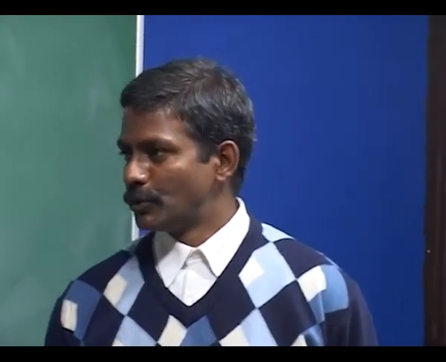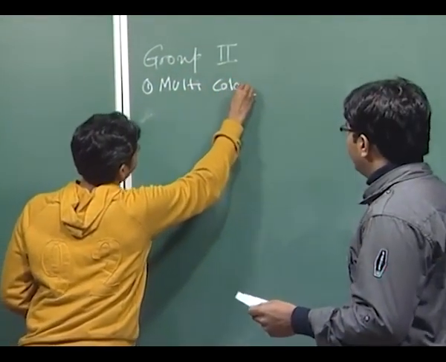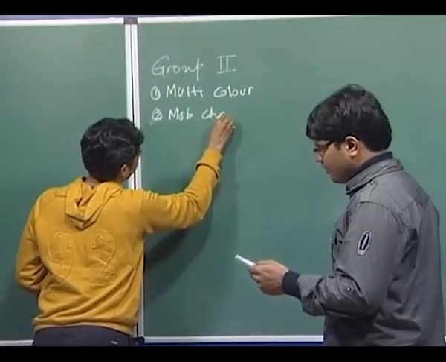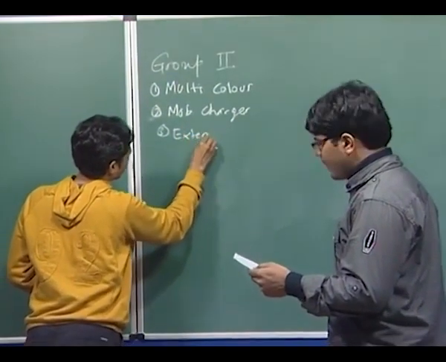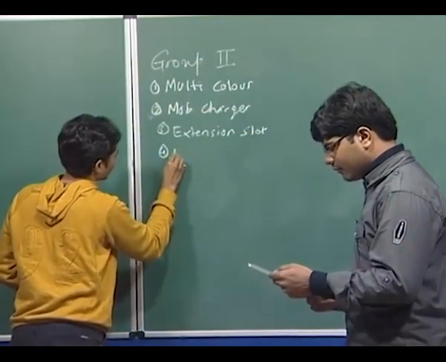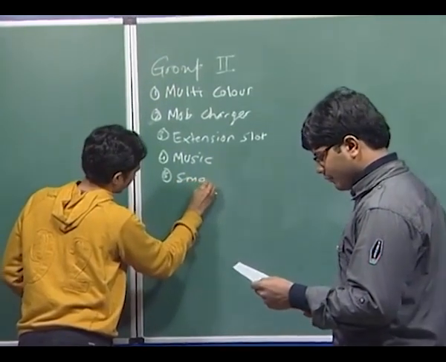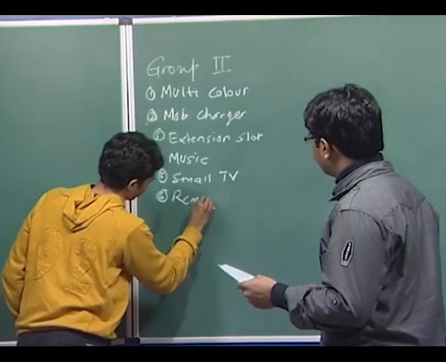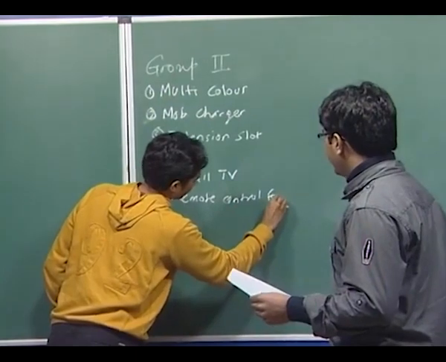So these are the ideas from group 2. Number 1, light with multiple color. Second one, mobile charger. Third, extension slot. Music system. Small TV. Remote control for movements. Pen and pencil stand.